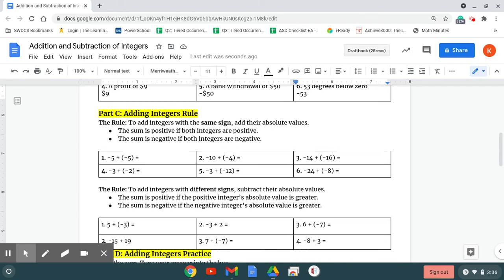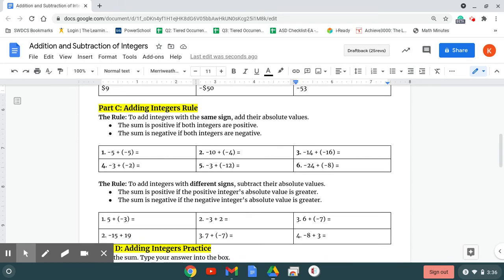Our next section, we're going to talk about adding integers. So the rule for adding integers is to add integers with the same sign, add their absolute values. Well, we talked about absolute values last week, and absolute values are the distance a number is from 0.